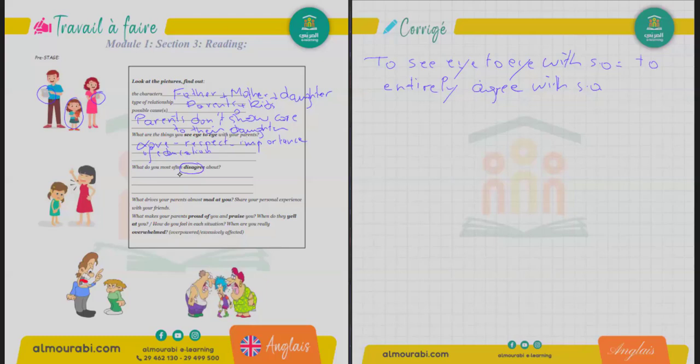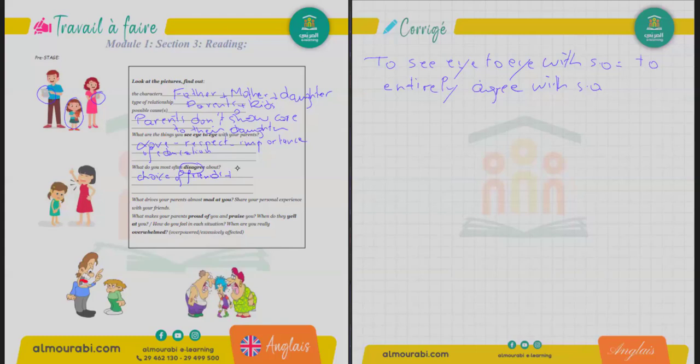Again, can you tell me about things you disagree with? Just give me examples. Isra, yes, what did you say? The choice of friends. Good. The choice of friends we disagree on. Good.